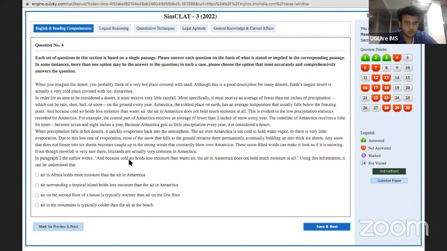Paragraph 2, the author writes, and because cold air holds less moisture than warm air, the air in Antarctica does not hold much moisture at all. Using the information, it can be understood that warm air holds more moisture than air in Antarctica.